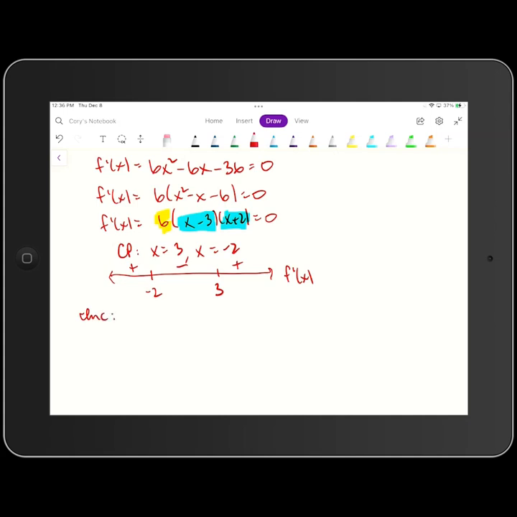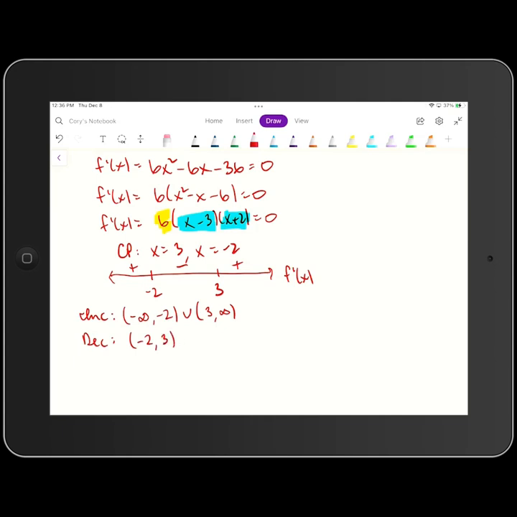So we are going to be increasing where f prime is positive. That happens on the interval from negative infinity to negative 2, union the interval from 3 to infinity. Our function is decreasing where f prime is negative, and that happens on the interval from negative 2 to 3.